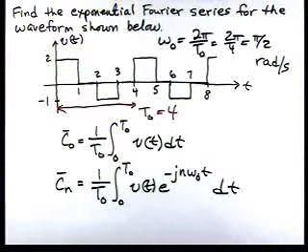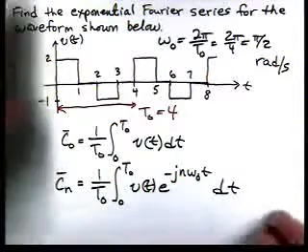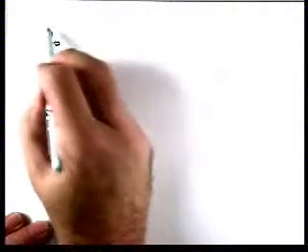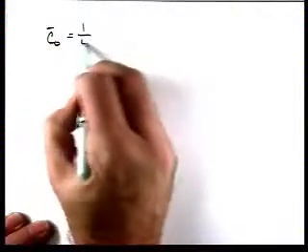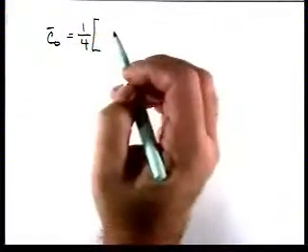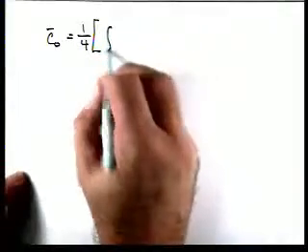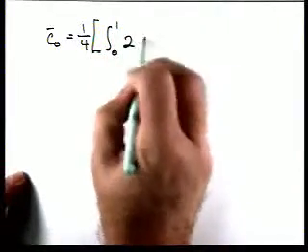Now, first, let's look at calculating our average value. So we have 1 over T0. Now, if we look at our function, we can see from 0 to 1 it has a value of 2. So now we have the integral from 0 to 1 of 2 dt.